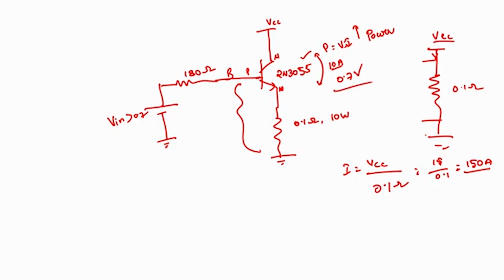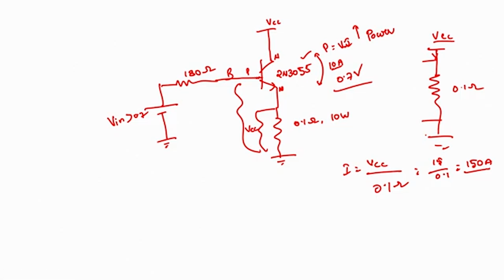Because of the current, that means 150 into 0.7, this may heat. The voltage drop across this point is simply VCC, right.